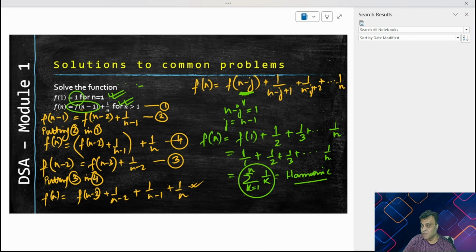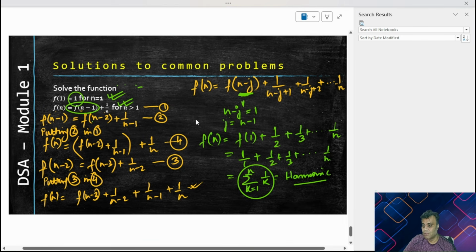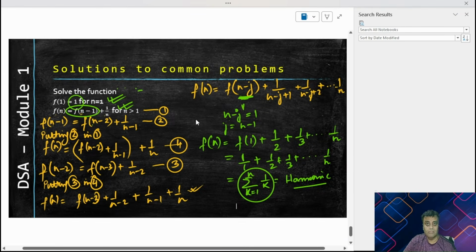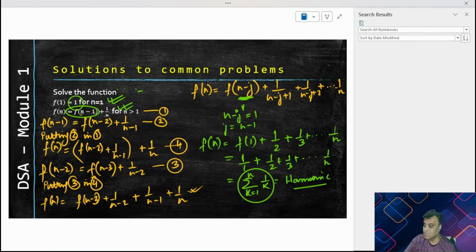So that brings me to the end of this particular lecture on asymptotic notations and the discussions of the previous year questions on asymptotic notations. I hope I've been able to substantiate and tell you that the big omega, the big O, and the big theta are not best case, worst case, and average case complexities as some people would think.